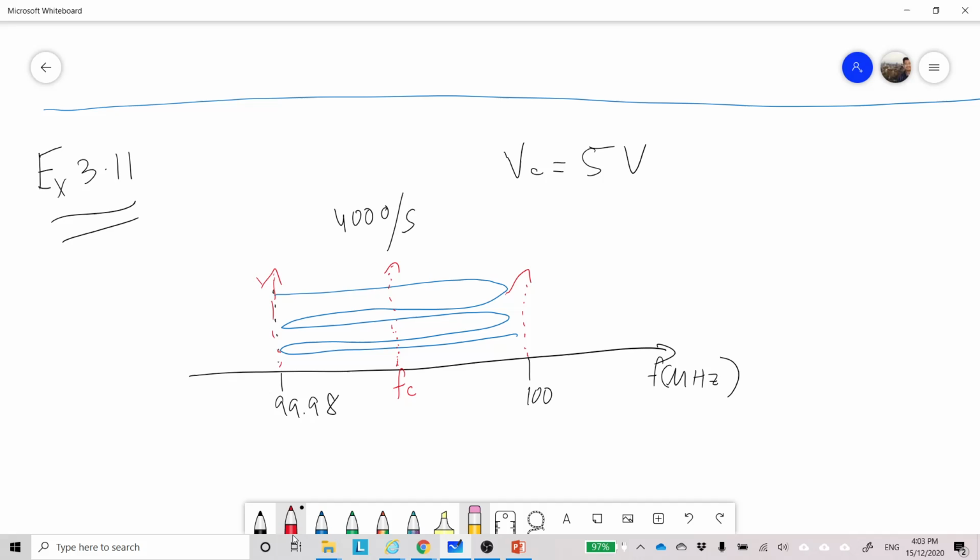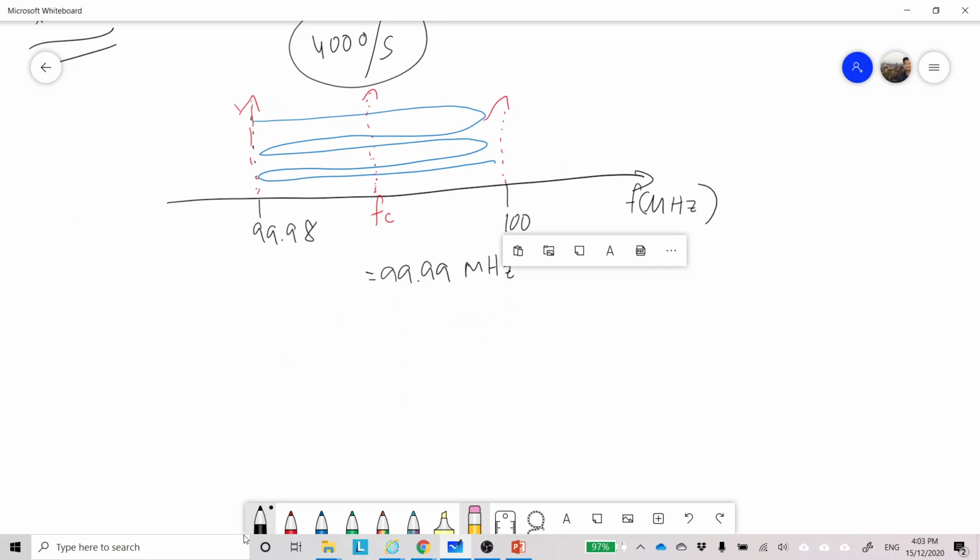So here FC, if we look at it by mental calculation, you can get the value as 99.99 MHz for the FC. While FM is based on the rate of fluctuation, which is 4,000 Hertz, or 4 kilohertz.